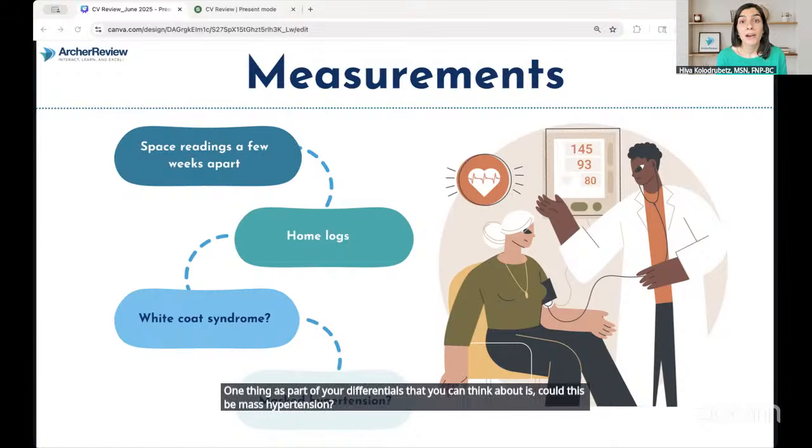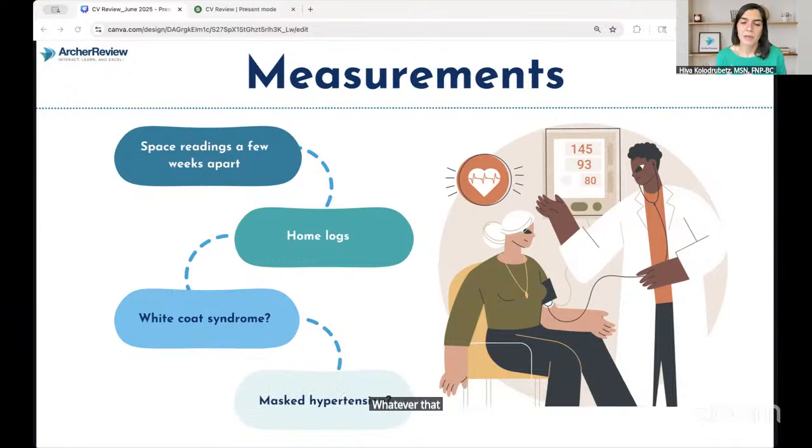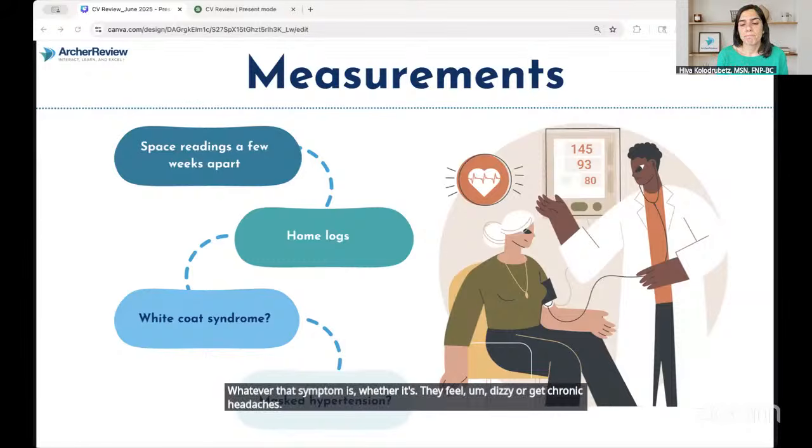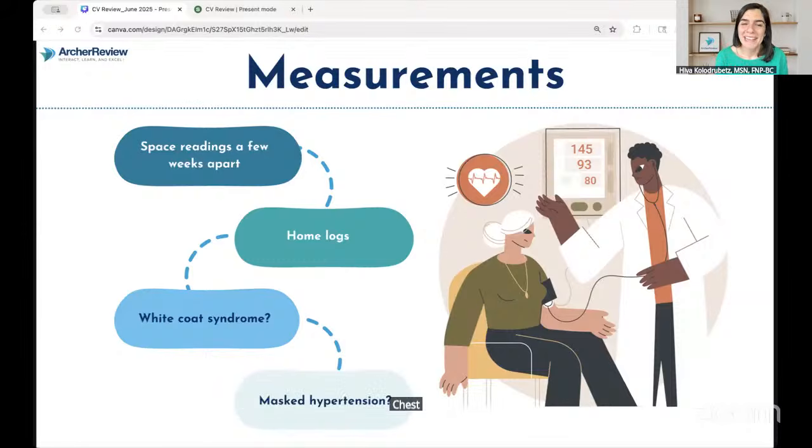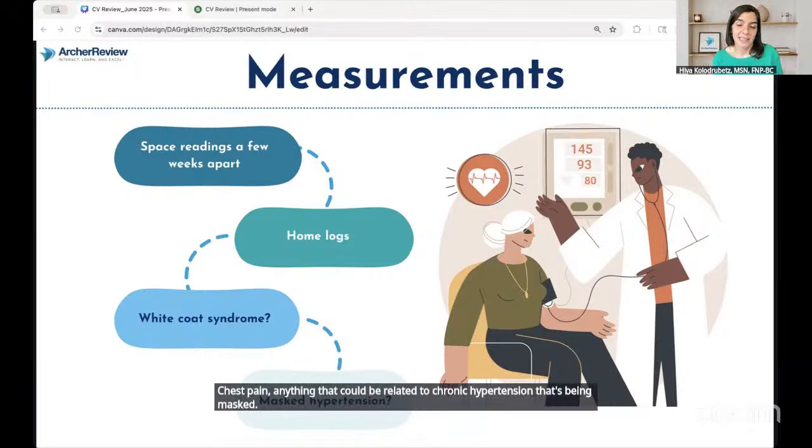It is a lot harder to diagnose, but if patients typically are maybe symptomatic at home, one thing I typically ask them is to start measuring their blood pressure and their pulse and see what's going on when they're symptomatic, along with other diagnostics that we're going to order to evaluate whatever that symptom is, whether it's they feel dizzy or get chronic headaches, chest pain, anything that could be related to chronic hypertension that's being masked in the office.